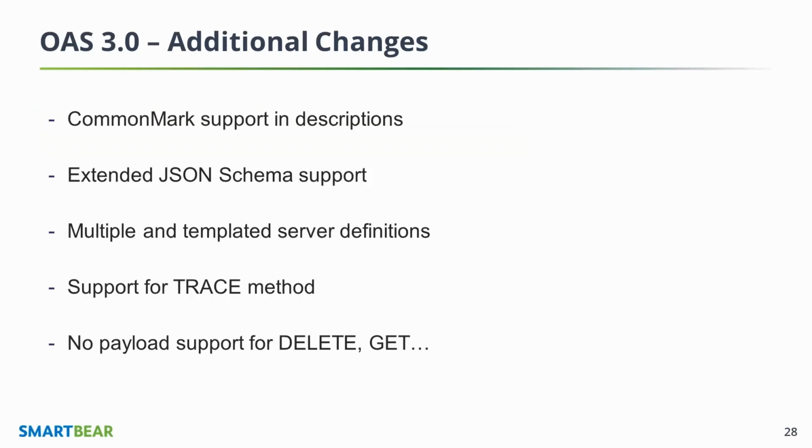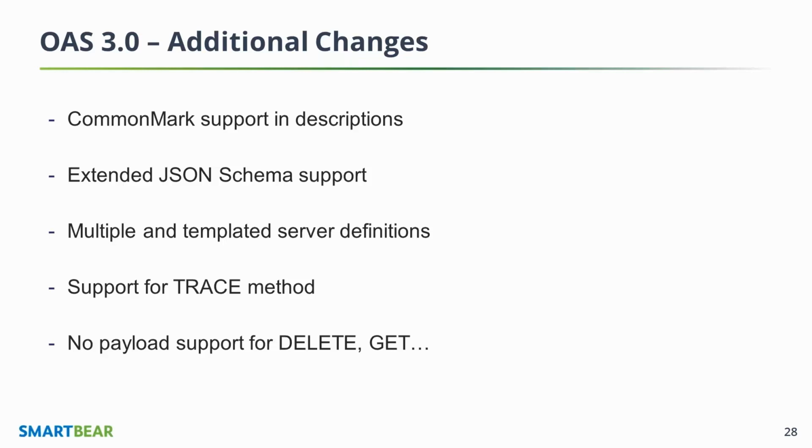Okay, but still, there are a few additional changes that we can cover really briefly. And again, I'm just going to say this still doesn't cover all the changes in the spec. So now you probably know that before, in the previous version, we supported GFM or GitHub flavored Markdown in descriptions.